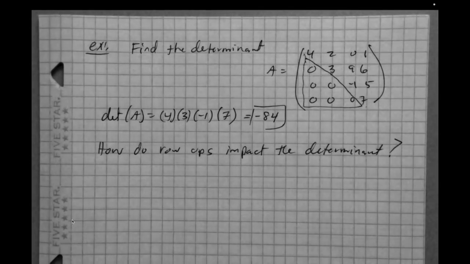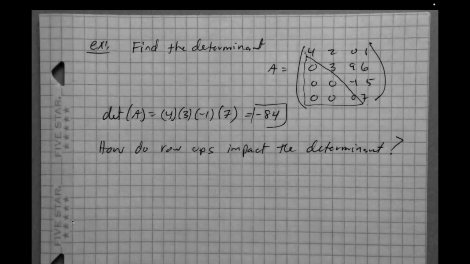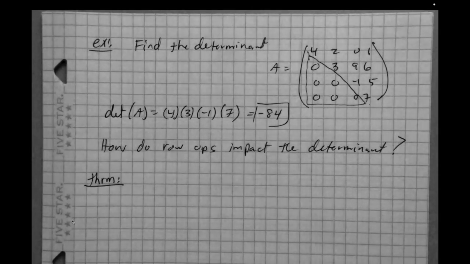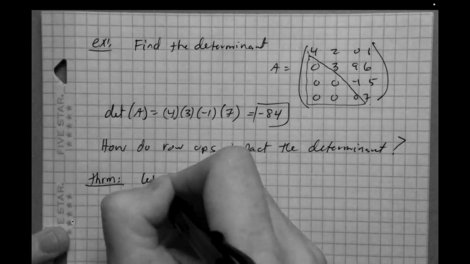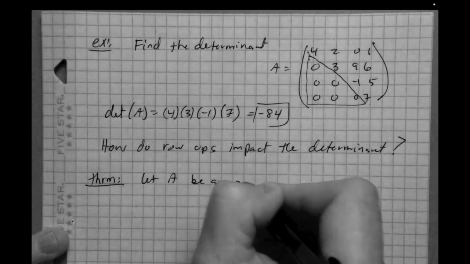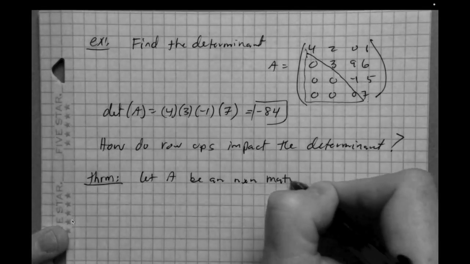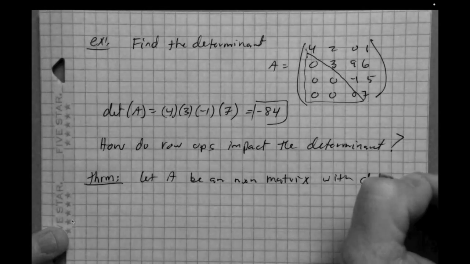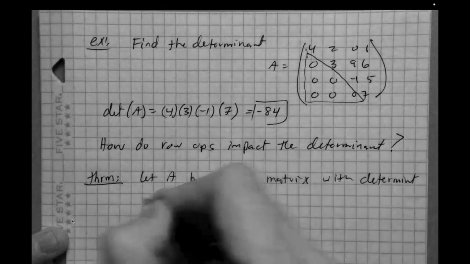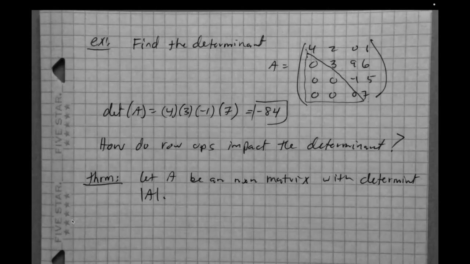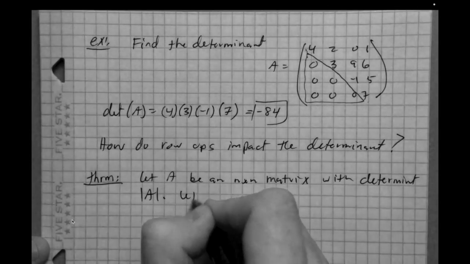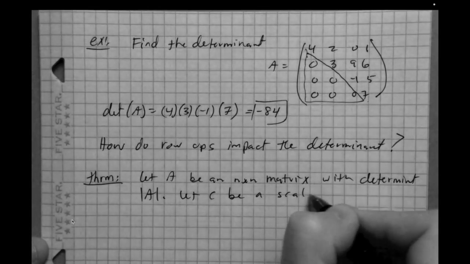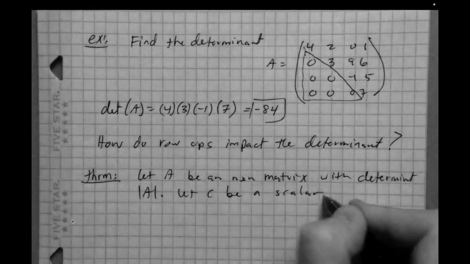Well, this has been worked out, obviously, and here's the theorem telling you exactly what you need to know. Let A be an n by n matrix with determinant det A. Let c be a scalar, a real number.